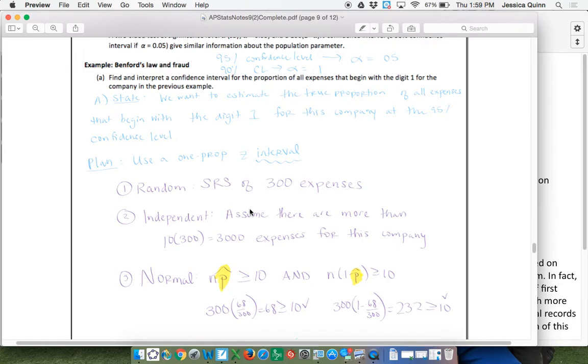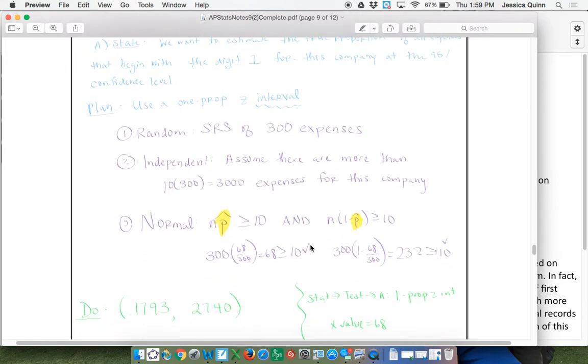We check our same conditions, but the difference here is, we still have a simple random sample of 300 expenses. We're still going to assume that there's more than 3,000 expenses for the company, but the difference now is that instead of p naught, we're going to use p hat, what we got from that sample of our 300 expenses.